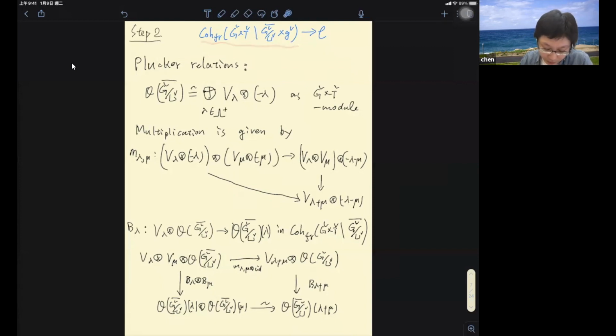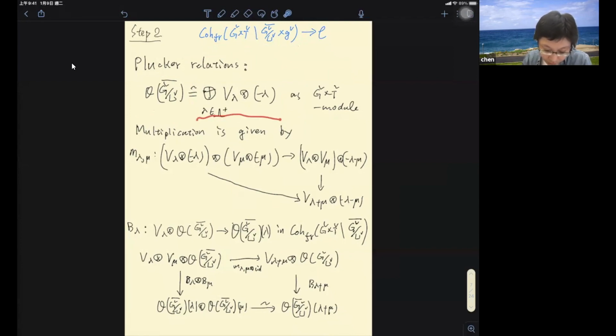Well, first I have to recall some results about the ring of functions of this affine closure. First, we have the identification of the ring of functions of this affine closure of the basic affine space as G check times T check modules.